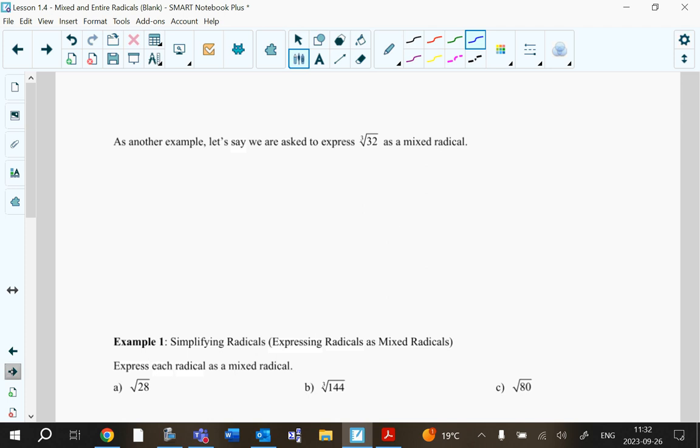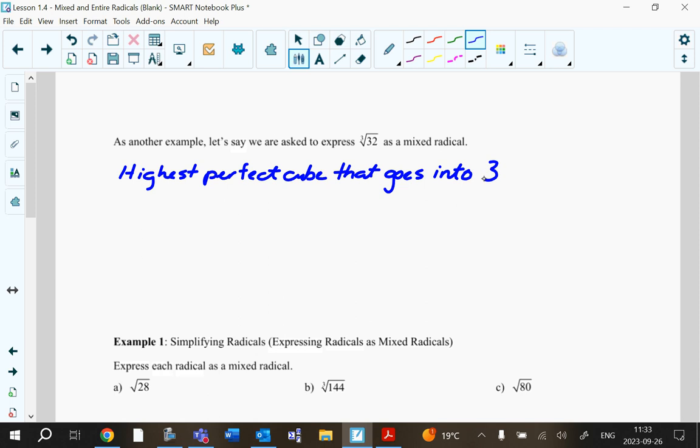This one, notice we're not dealing with square roots anymore. We're dealing with cube roots. So I don't want to find the highest perfect square. I want to find the highest perfect cube that goes into 32. And what number would that be? 8.